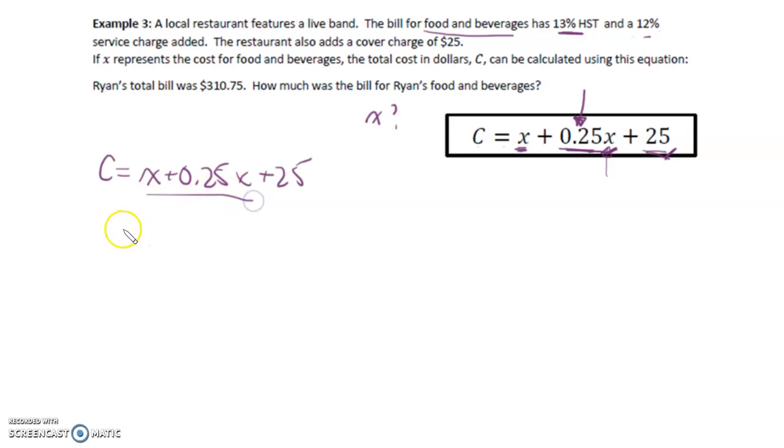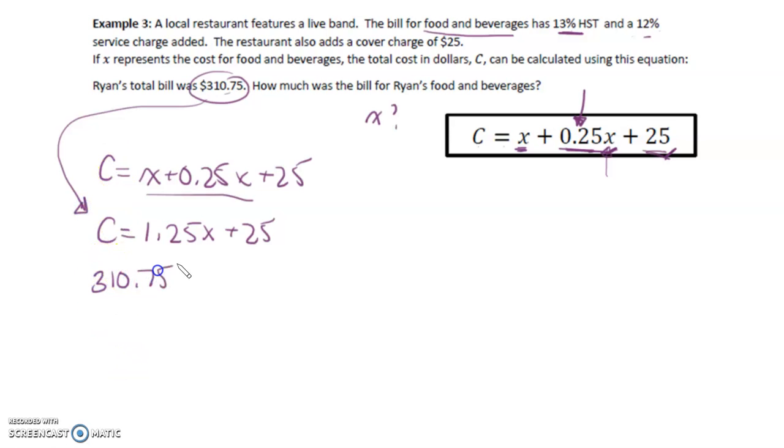So we have C equals x plus 0.25x plus 25. So x plus 0.25x, we can put 1.25x. And we know the total cost is $310.75, so we can sub that into this side. So we have $310.75 equals 1.25x plus 25. Now we have to bring this 25 over to get the x by itself. Subtract 25 on both sides.